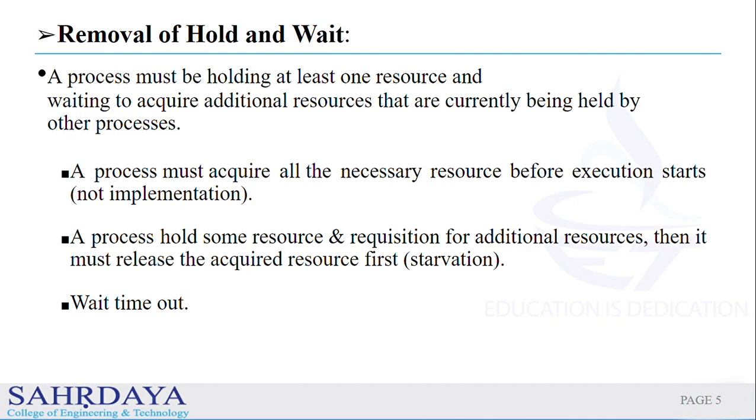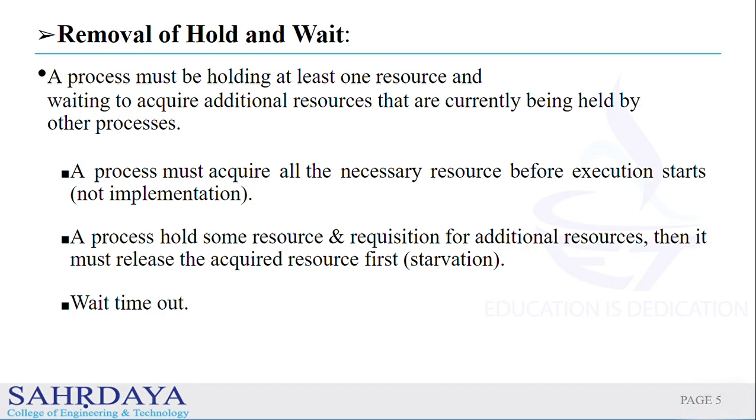The third approach is wait timeout. You allow a process to hold some resources and wait for other resources, but with a timeout. For example, I am holding the laptop and I request the printer. No one needs to release the laptop, but I can wait for the printer only for a limited amount of time. Suppose that time is 10 minutes.